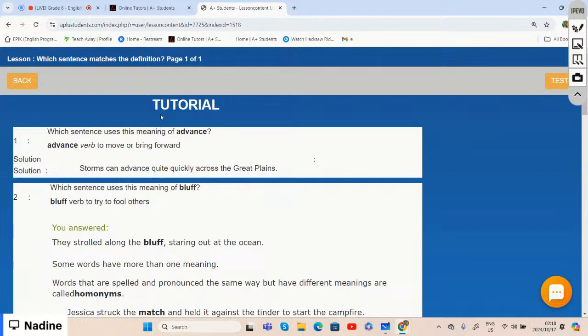It says, which sentence uses the meaning of advance?